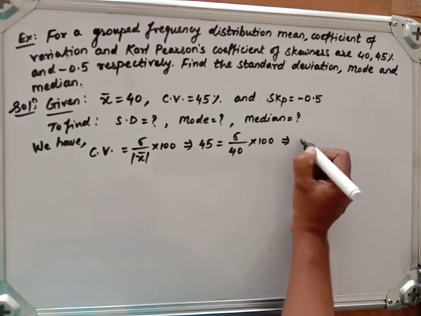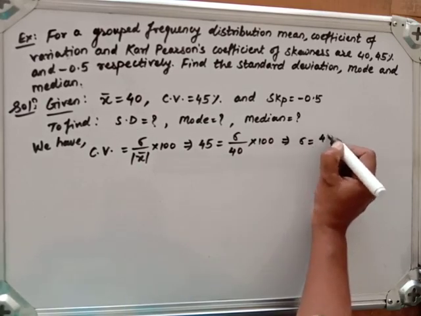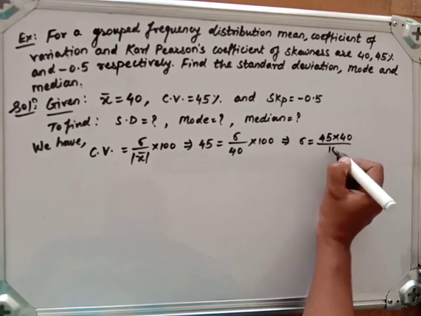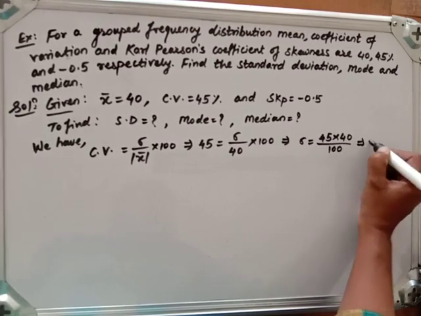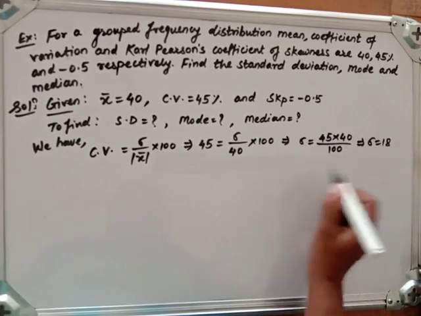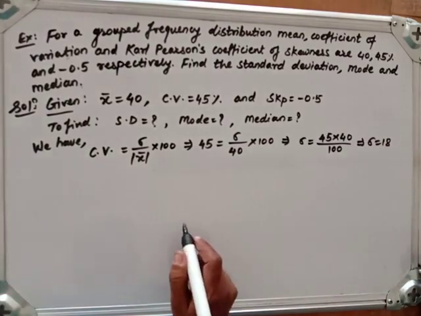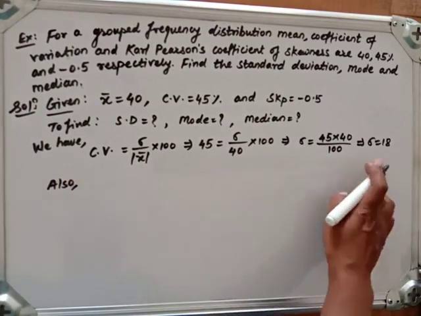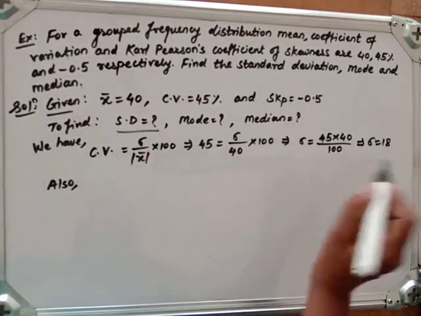So that gives sigma is 45 into 40 upon 100. So sigma is 18. Already we have done this one in the previous one also. So the first part we get the standard deviation.